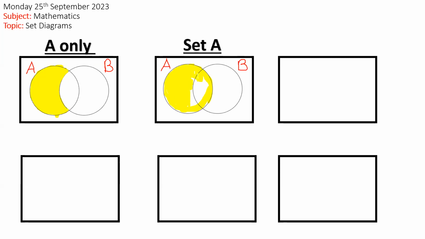Y'all understand that? Yes, sir. So A only is only this part, but the entire set A is going to be all of set A, including the intersection. So just bear that in mind.